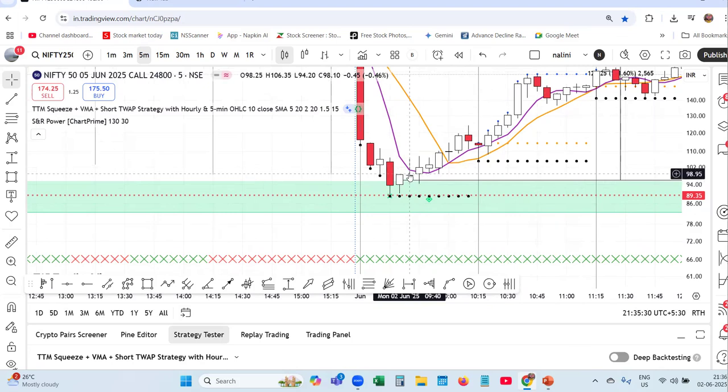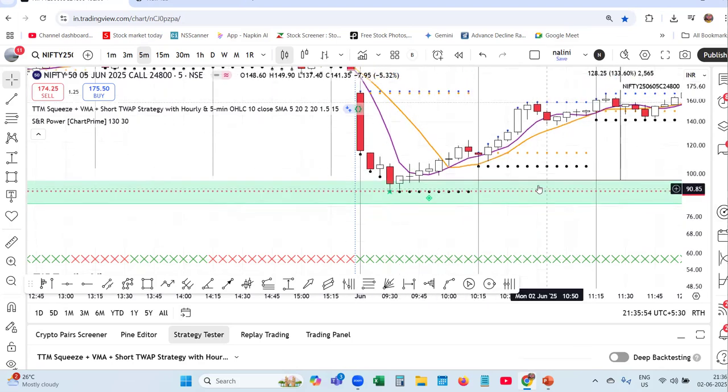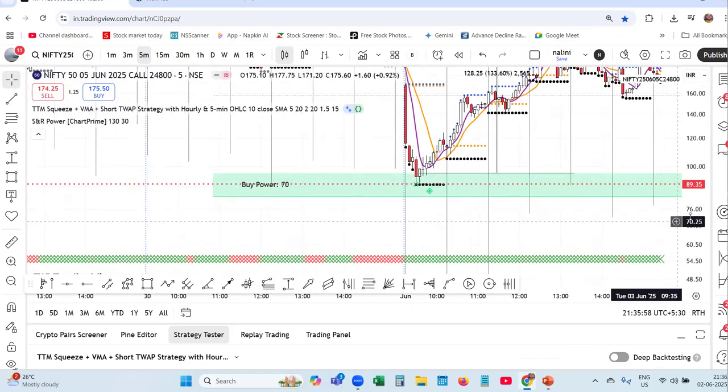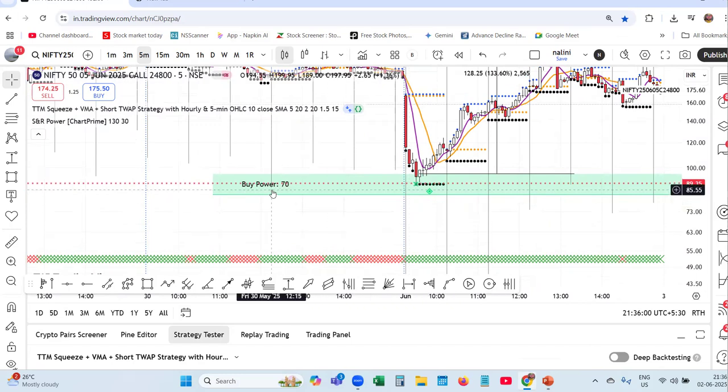Next candle, the high is 98.55 and the high is 106.535 and the low is 94.20. This is the candle indicating reversal. Also the lows are protected, and this support and resistance power channel is plotting by powers.